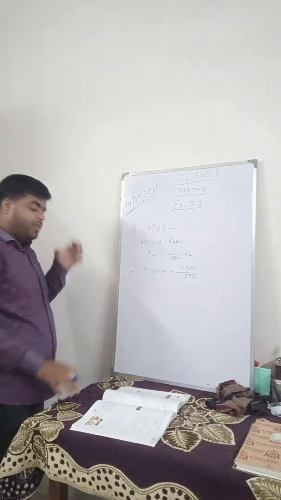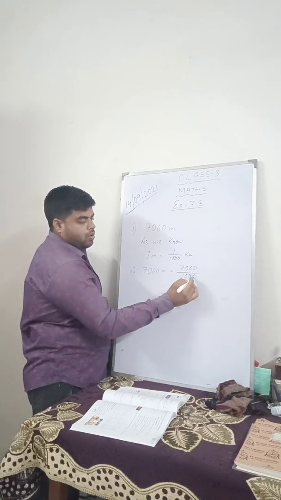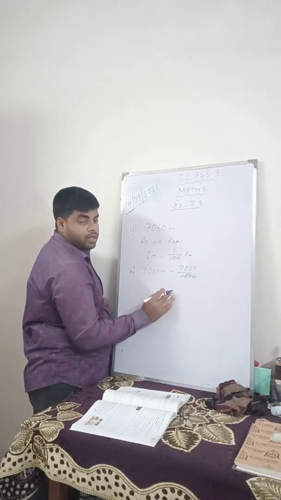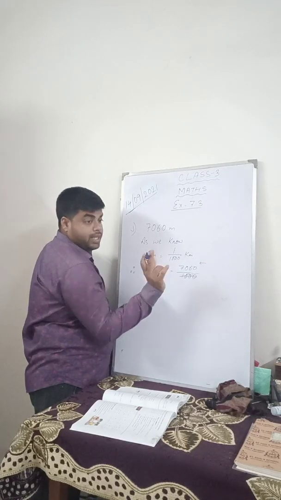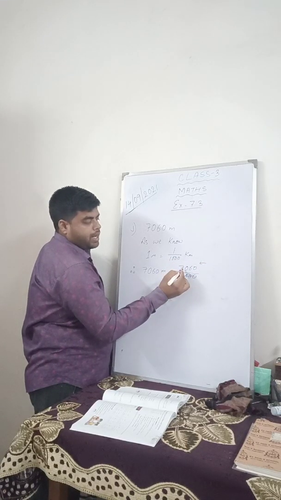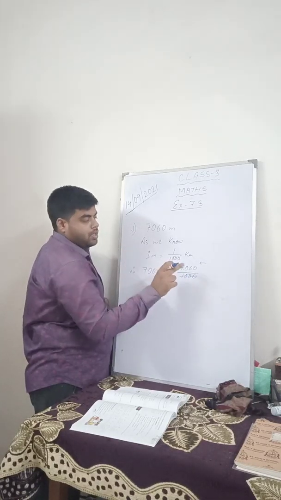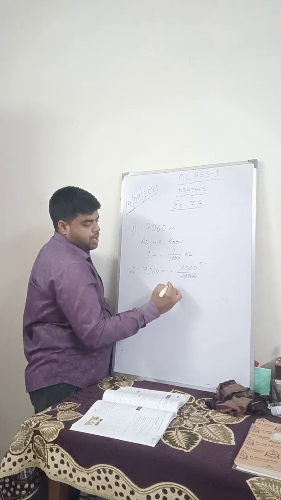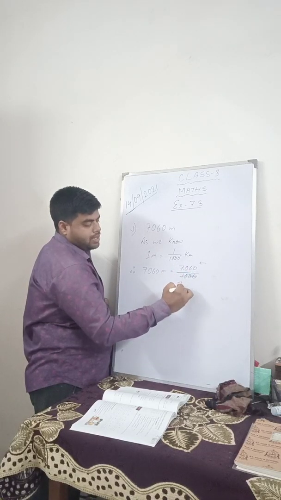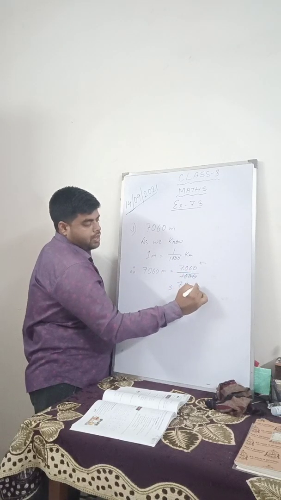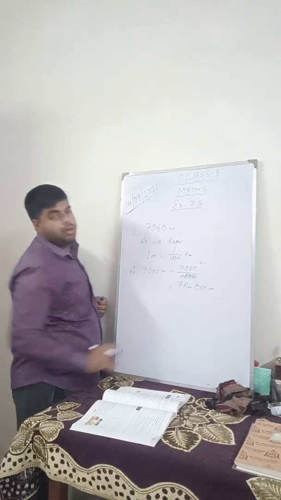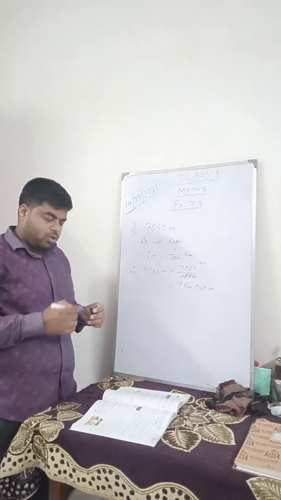Now as I have told you, how many zeros you have at the bottom? 1000. 1, 2, 3. Strike, and from the back you count 3 digit. 1, 2, 3. No matter if it is a 0, but still you will count it as 1 digit. That is why I have shown you 1, 2, 3. Now you will write here whatever you have in front. 7 kilometer 060 meter. I hope you have understood.